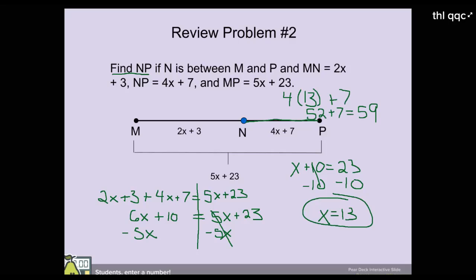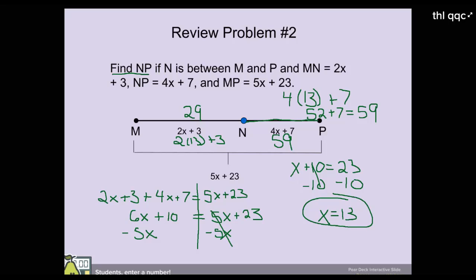I feel like something went wrong somewhere. Okay, so let me see here, because I sometimes mess things up. Let's take a look. If I plug 13 in here, I get 2 times 13 plus 3. So that's going to equal 29, which would mean the whole thing would have to equal 88.